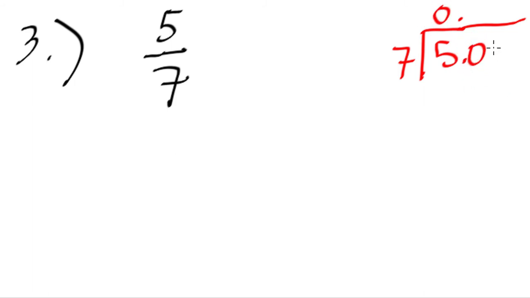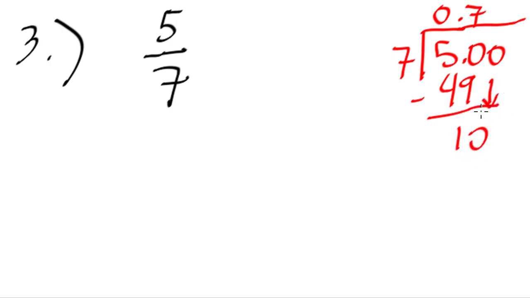How many sevens are there in 50? The common one, that's going to be 7. 7 times 7 is 49, right? So this is going to become 49. 50 minus 49 is going to give us 1. Bring down another 0 and continue the process. That's going to give us 10. There's only 1 seven in 10, so it's 10 minus 7.